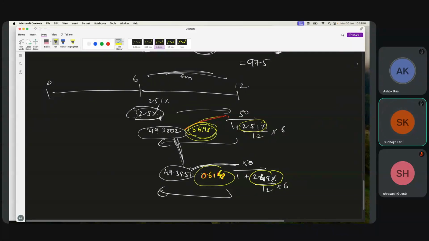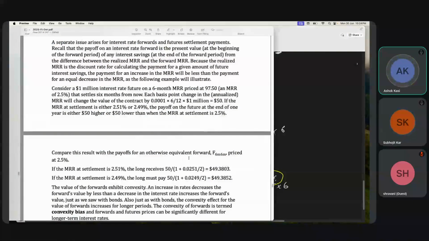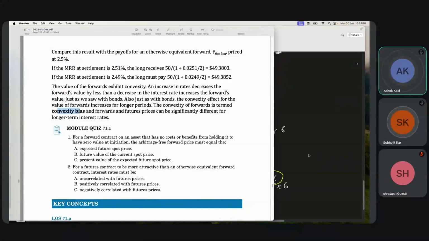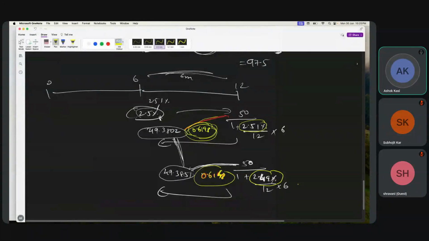This is called convexity bias, which we will learn in fixed income in a better way. So the forward also exhibits convexity bias. Convexity for forward is even bigger, increases for longer period.